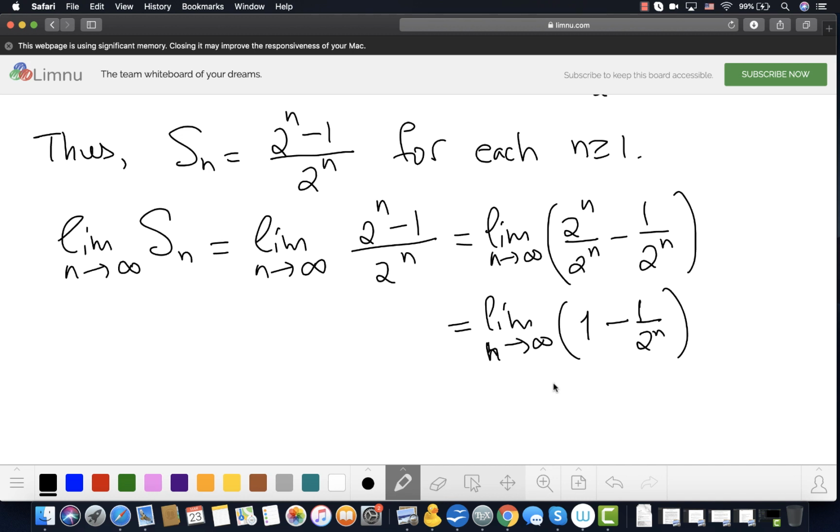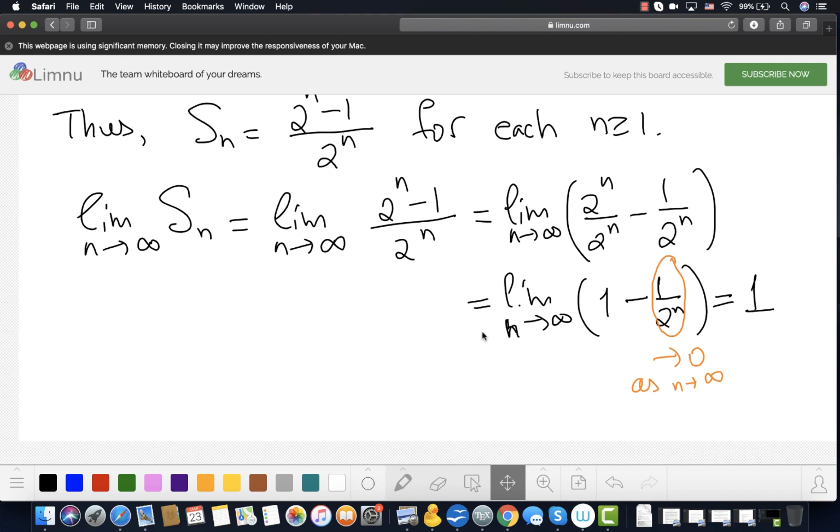And as n goes to infinity, this term here will go to 0, because you're dividing by larger and larger numbers. So the answer is 1, because you get 1 minus 0.